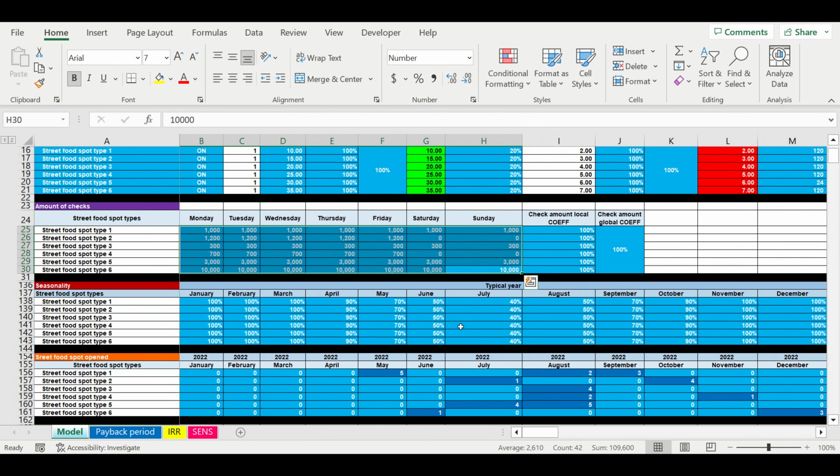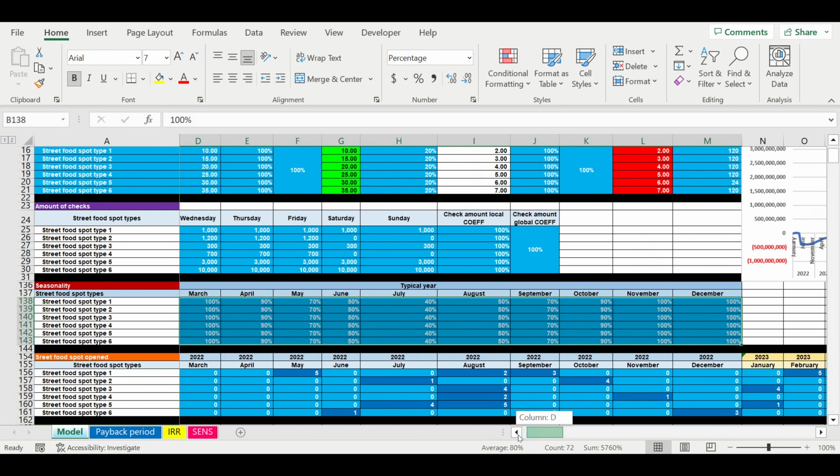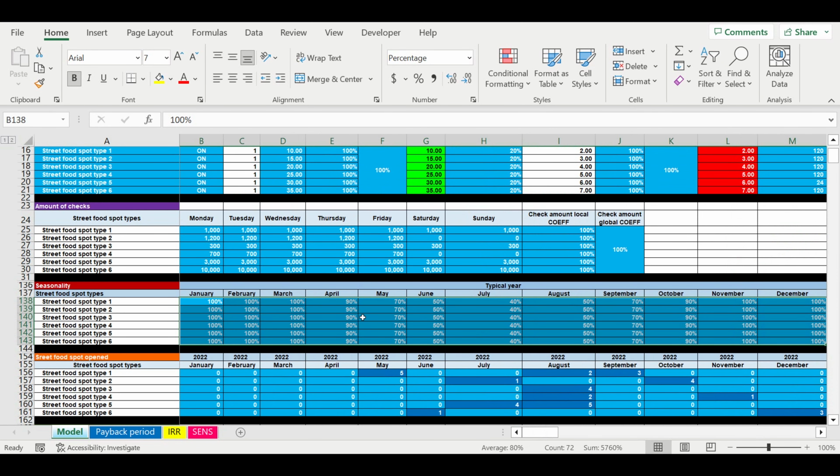For example, in April, May, June, July, August, we have some decrease in the amount of checks and revenues, and this will also affect the cash flow statement later. So this is the block where we describe the seasonality of our business idea.